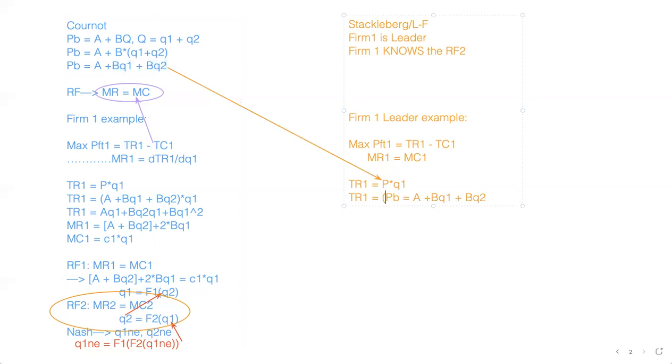But this Q2 is coming from the reaction function here. And they don't really let me draw a squiggly arrow, so I'm just going to draw it like that.